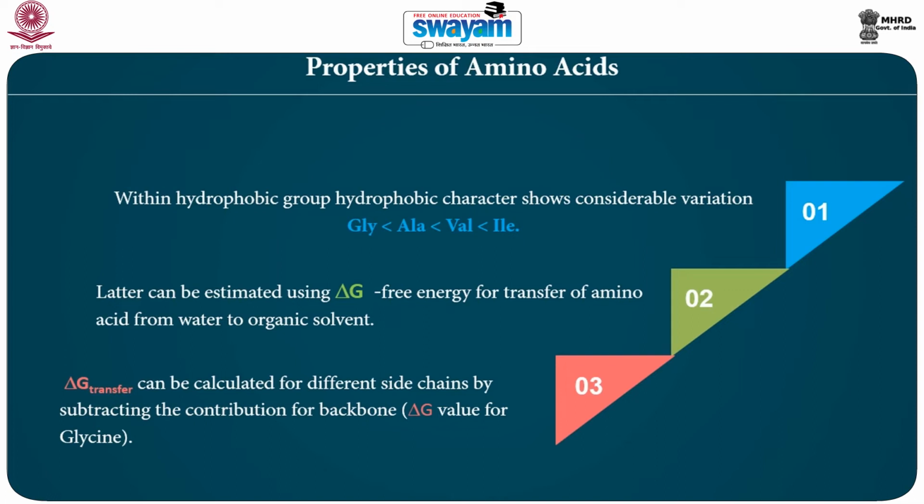by subtracting the contribution for backbone, that is nothing but the delta G value for glycine, which does not have a side chain.